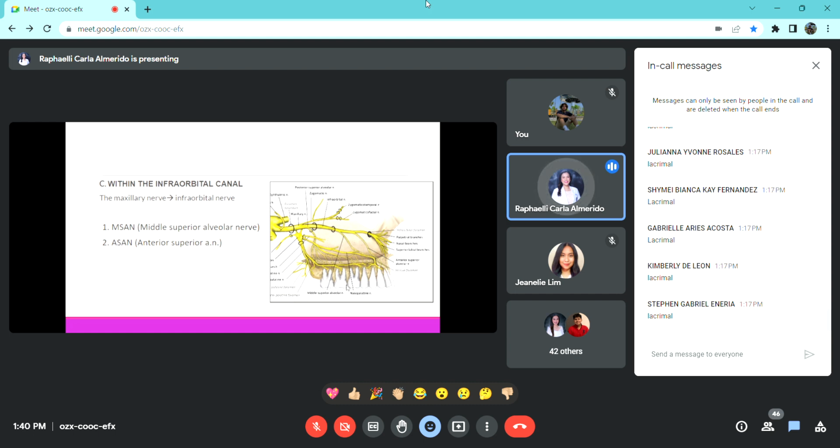But for the first molar, it is only the distobuccal root that it innervates. For the mesobuccal root, it is being innervated by your MSAN, or middle superior alveolar nerve. So when we are to extract a first maxillary molar, on the buccal region, what are the nerves that innervate this tooth? Sige nga, ano ulit? Paki-chat, or you can recite it. Unmute.